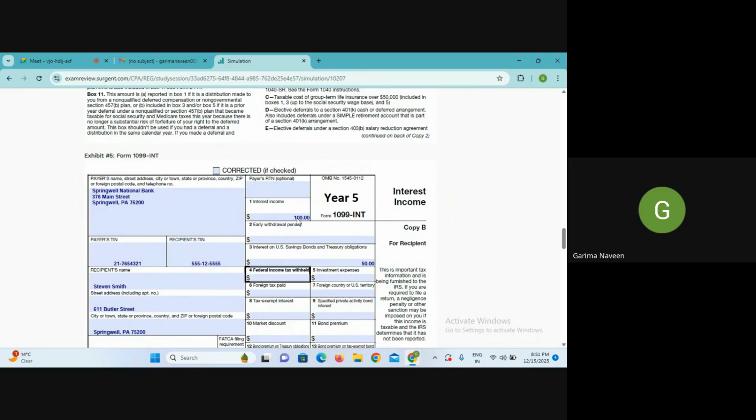The second interest, on US savings bond and treasury obligation, is $50. Ma'am, savings bank interest would be included.